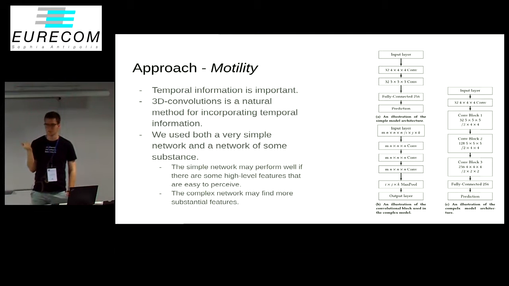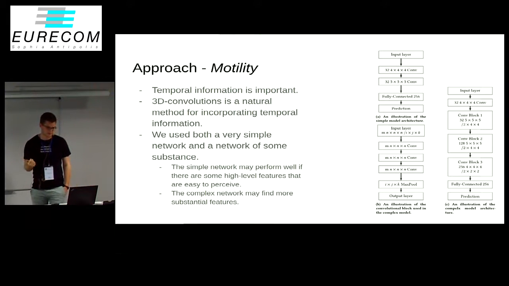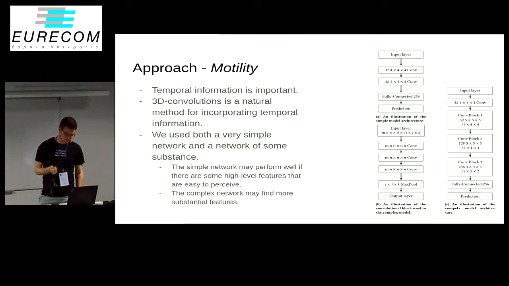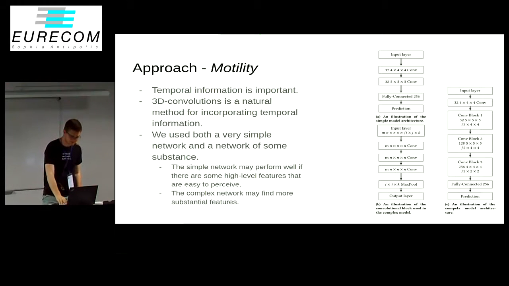So for this task, motility, we assume that temporal information is essential. So we sacrifice some of the resolution of the videos to increase the number of frames that our models can digest. So in this task, it's natural to use 3D convolutional layers to preserve both temporal and spatial information.